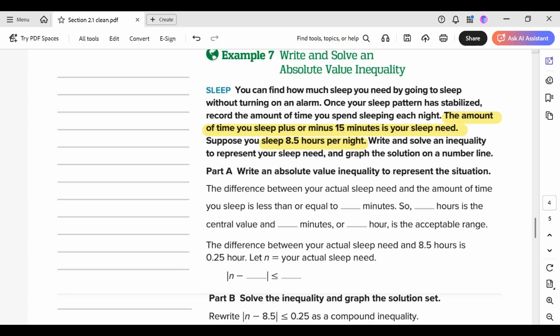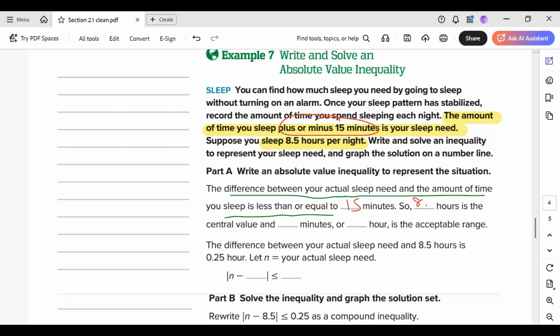Okay, so it says part A, write an absolute value inequality. This says the difference between your actual sleep and need, the amount of time, is less than or equal to, well, again, it's less than or equal to 15 minutes, as stated here, plus or minus 15.